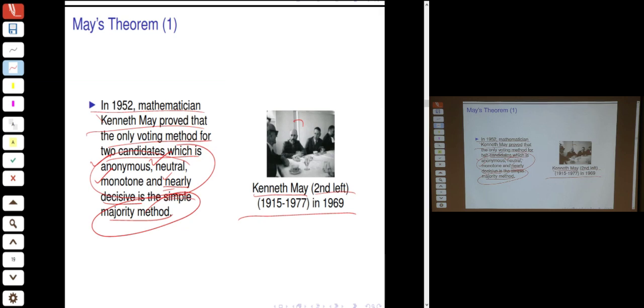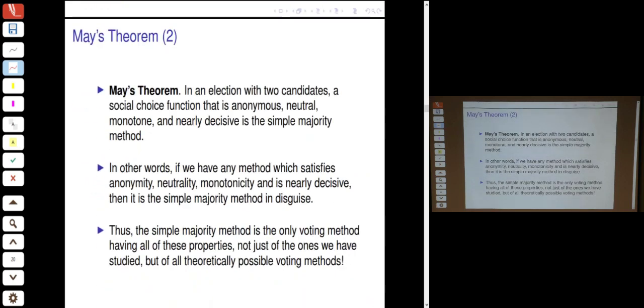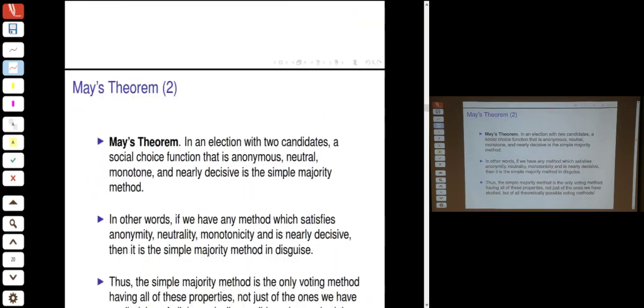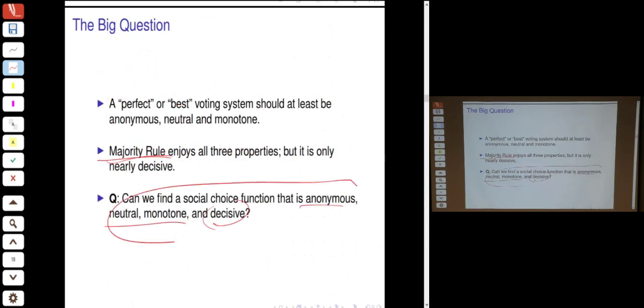So now, let us go back to answering the question on the previous slide. Can we get a social choice function that is anonymous, neutral, monotone, and fully decisive?